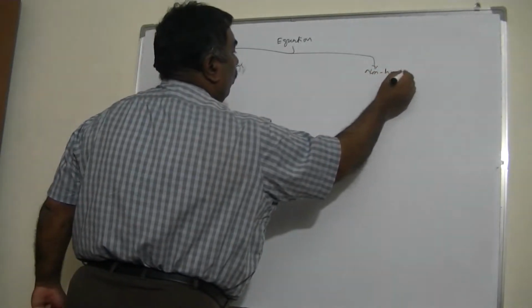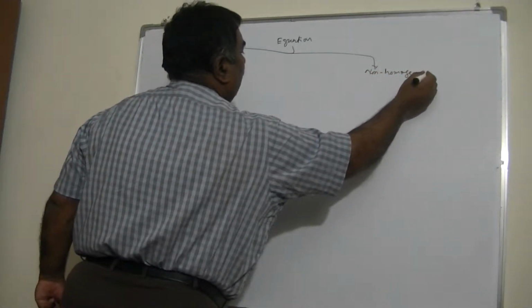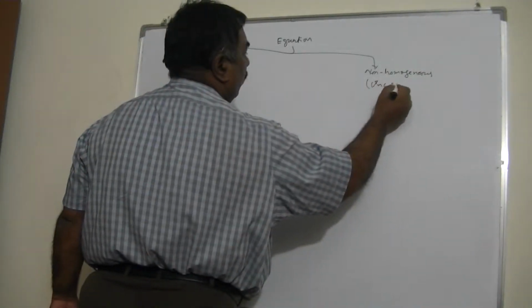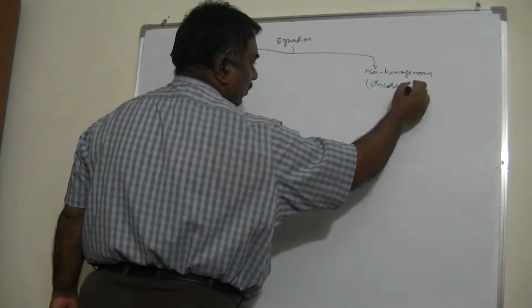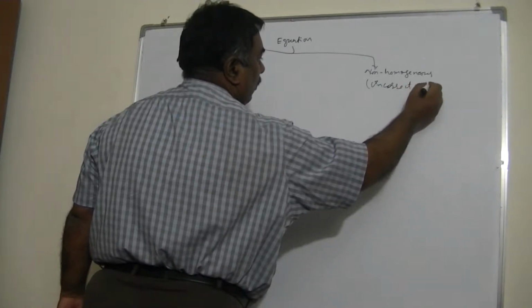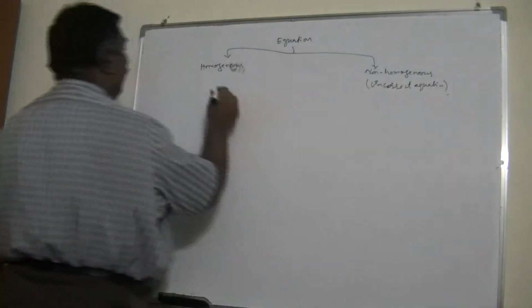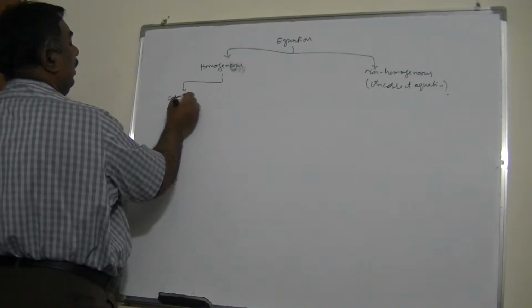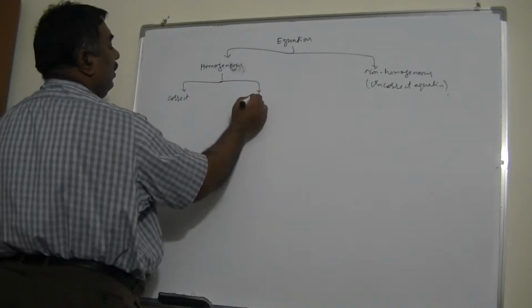If it is non-homogeneous, then it must be an incorrect equation. This is definitely an incorrect equation, there is no question. And if it is a homogeneous equation, it may be correct, it may also be incorrect.